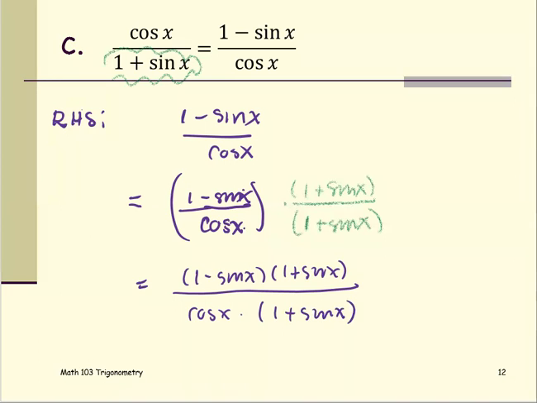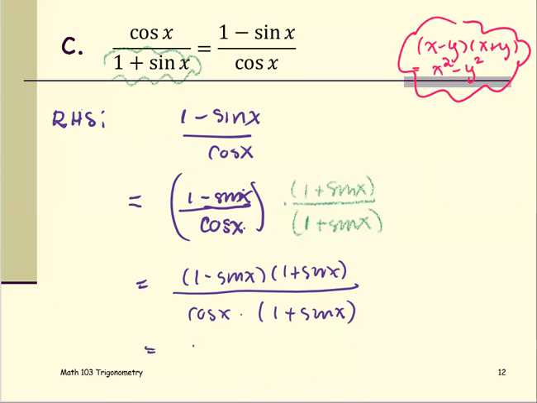For the numerator product, recall the property that when you have x minus y times x plus y, the product of the sum and the difference, the result will be x squared minus y squared. So we're going to use this property to get the simplified expression of the numerator.